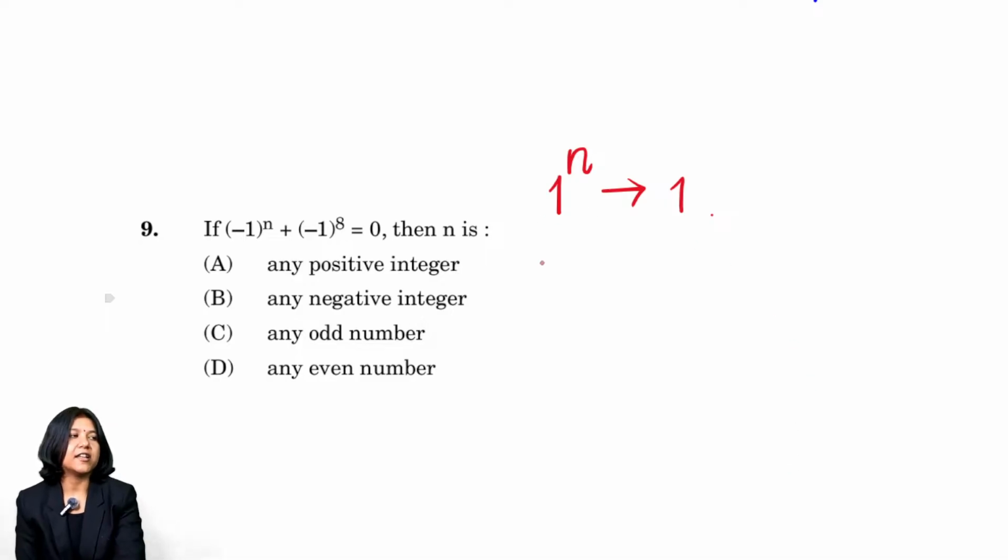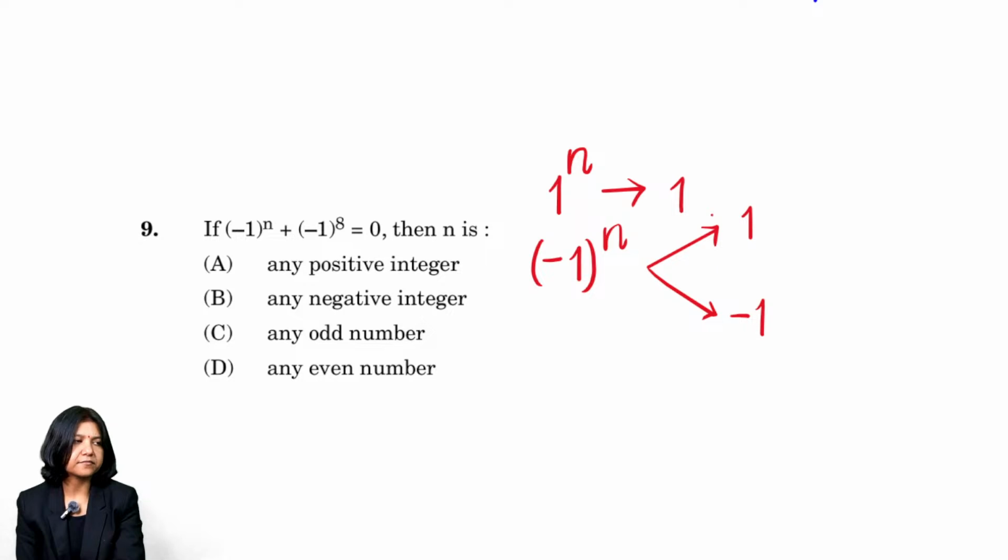But things will change if I bring minus 1 here. Why? Minus 1 raised to power of n gives me two answers. Either it will give me positive 1 or it will give me a negative 1. So there are scenarios in which you'll get positive 1. I think you know that already because you're a class 10 student.